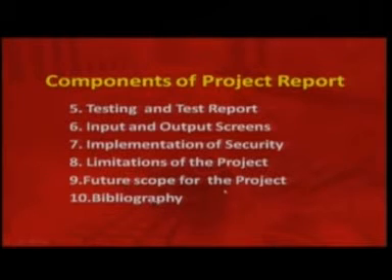Then the limitations of that specific project, and the future scope of that project, in case somebody is willing to further enhance it. And in the last you have to give a bibliography related to your project activities. These are all the points that you have to take care of and give as part of your project report.